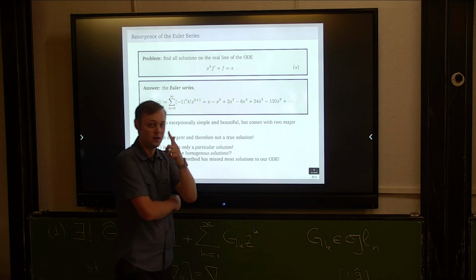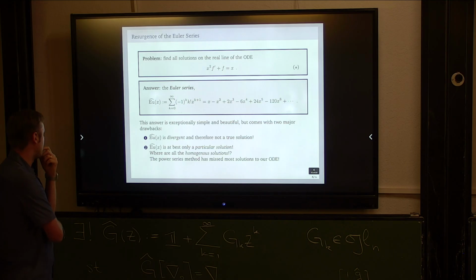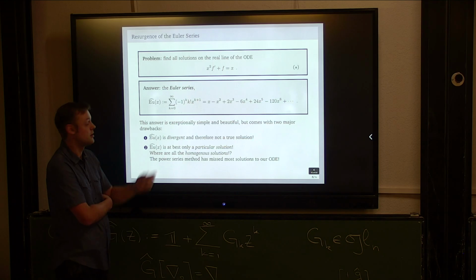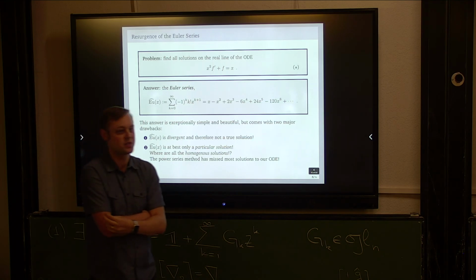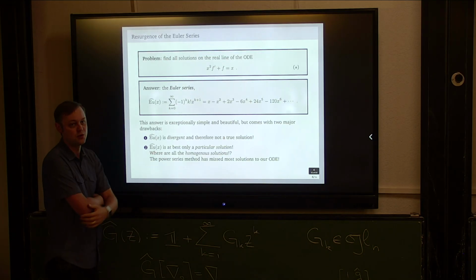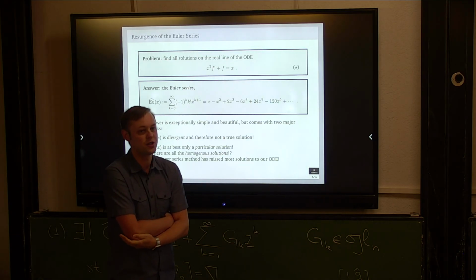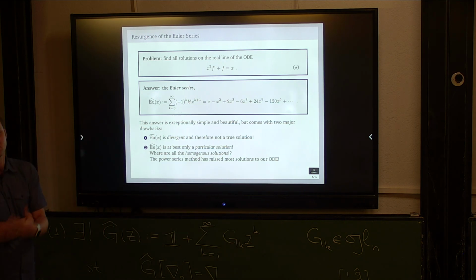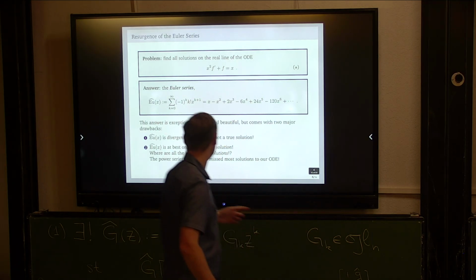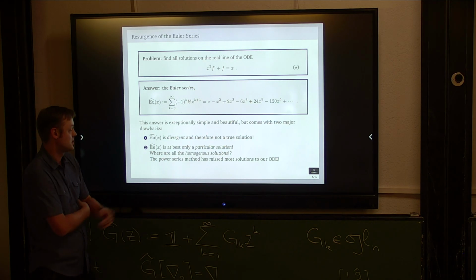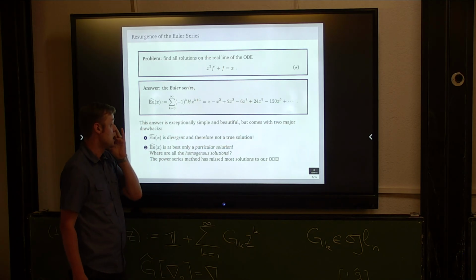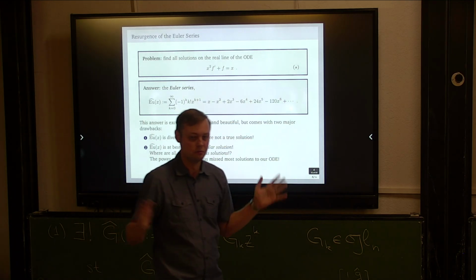But here we get just one solution. And if you take two times the Euler series, that just won't satisfy the differential equation. So never mind the fact that this solution is divergent, so not a true analytic solution, it's at best a particular solution. So in other words, this power series method, which seems like a really good thing to do because it allowed us to write down this beautiful series, misses almost all the solutions.